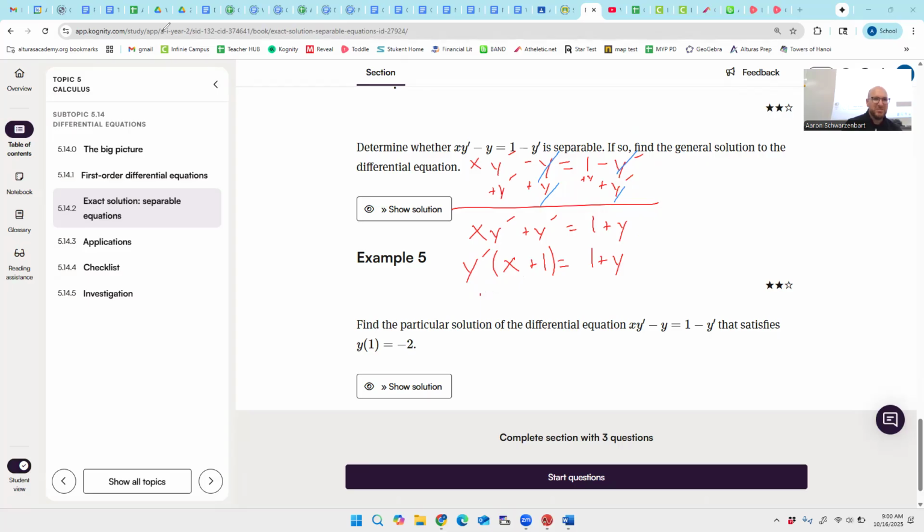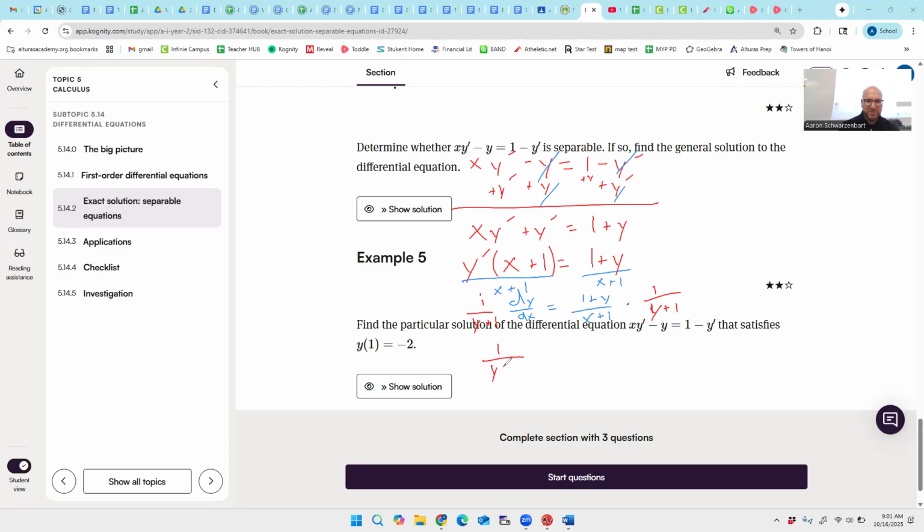Now I shall divide by x plus 1 and get dy dx equals 1 plus y over x plus 1. Now I think I shall multiply by 1 over, I'm going to call it y plus 1 instead of 1 plus y because I like that better.